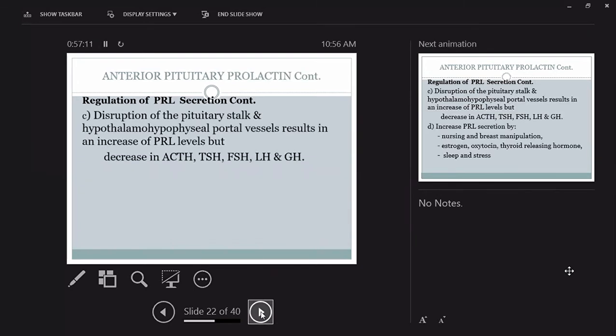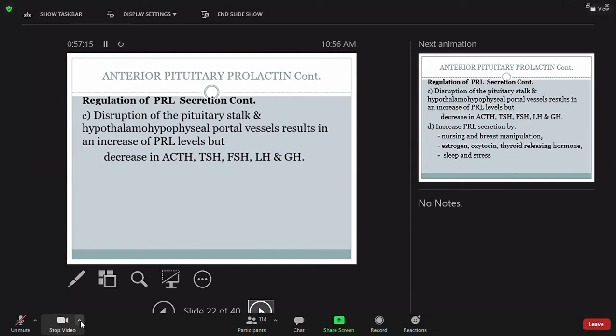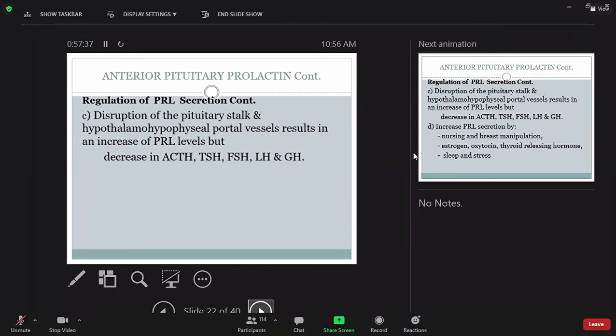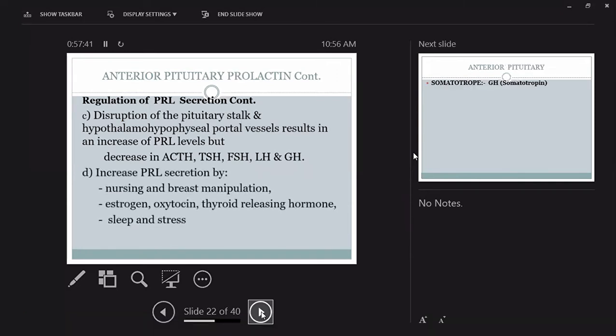Disruption of the pituitary stalk and hypothalamo-hypophyseal portal vessels results in an increase of prolactin levels, but a decrease of your ACTH, TSH, FSH, LH, and growth hormone.